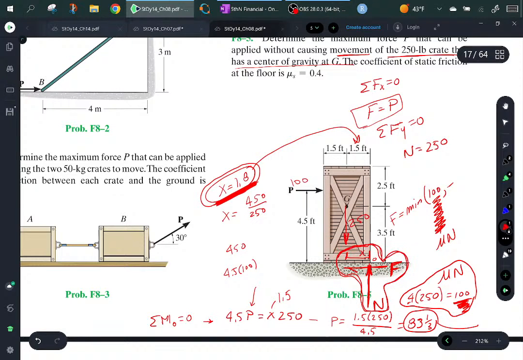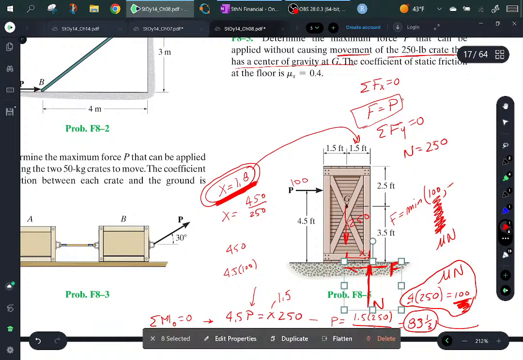So the key is if I move this thing any further to the right, then the thing is going to tip. If I had it right there, that's not going to work, because P would be 0 there and there wouldn't be a frictional force.